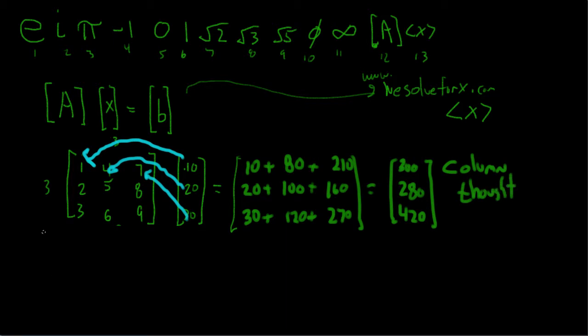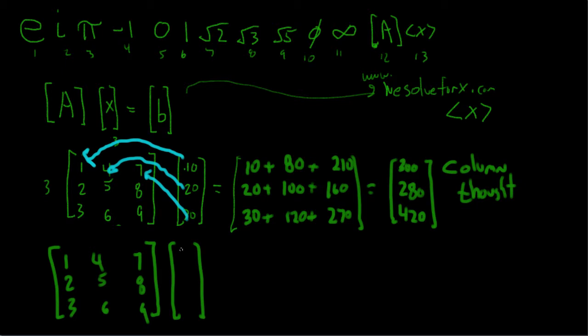Now we're going to think about the row thought. We'll go through it again. Hopefully we'll fit this in, and we're going to do the same calculation and hopefully get the same answers. 1, 2, 3, 4, 5, 6, and 7, 8, 9 times the vector 10, 20, 30.